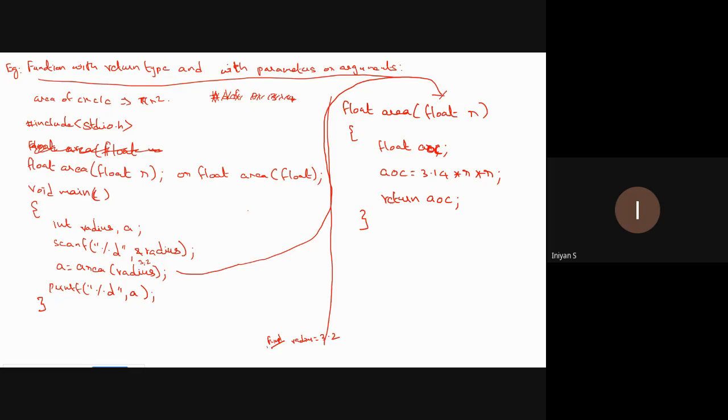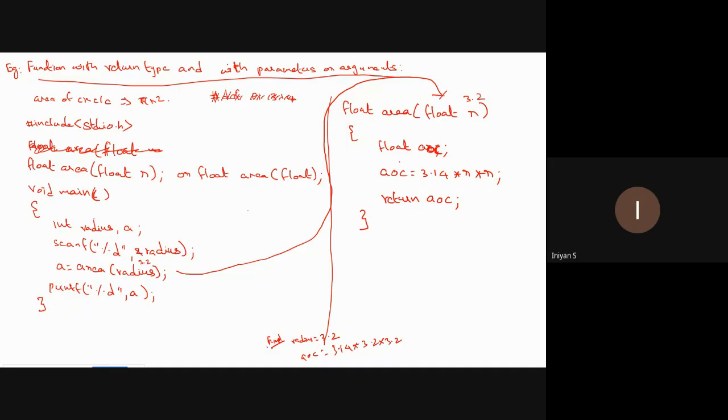So R value is 3.2. Float is the data type, so 3.2 will be substituted here. AOC we have declared: 3.14 into R value, 3.2, into 3.2, correct? After that we are returning AOC. Because it is a function with return type, the function must return a value, which should be a float.